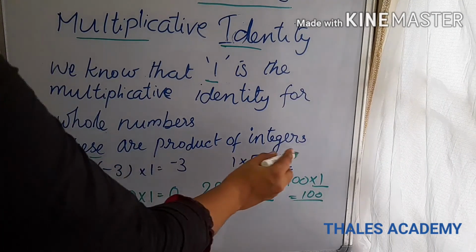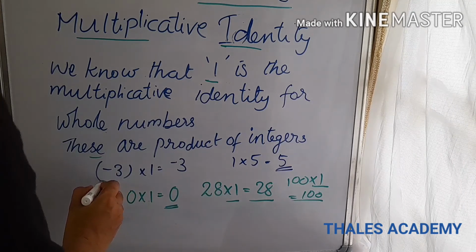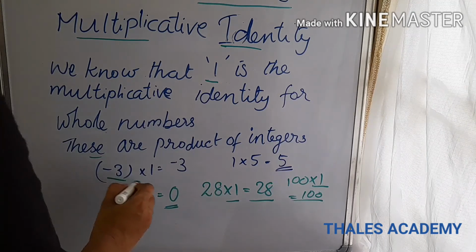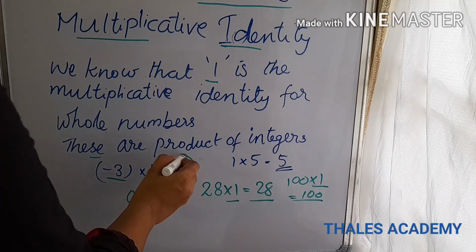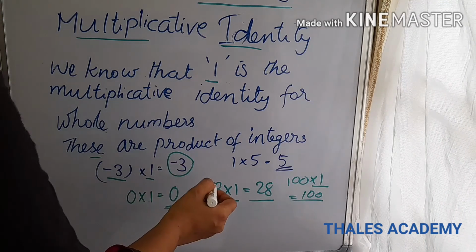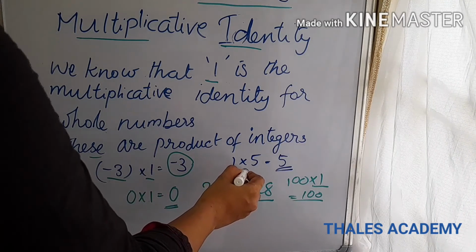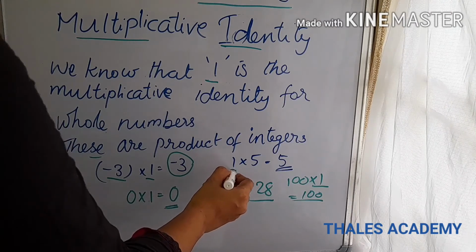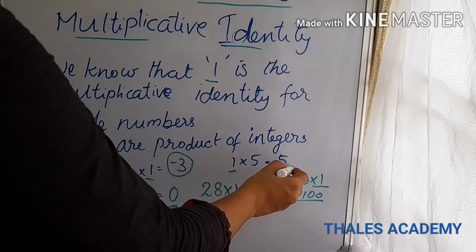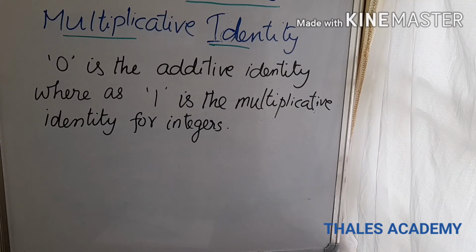Here, these are the products of integers. We multiply minus 3 into 1, we get minus 3 itself. We multiply 5 with 1, we get 5 itself. Thus, 0 is the additive identity, whereas 1 is the multiplicative identity for integers.